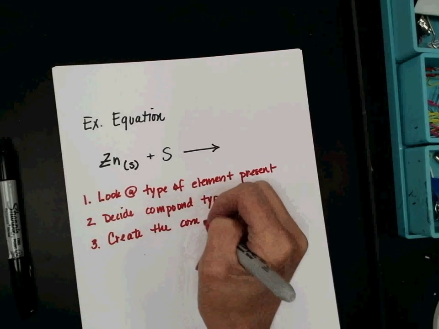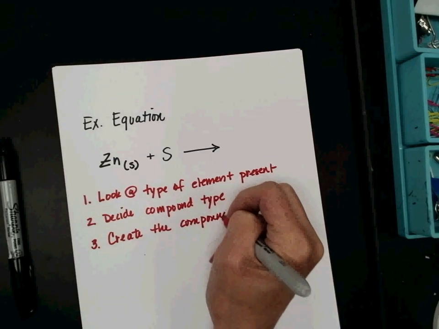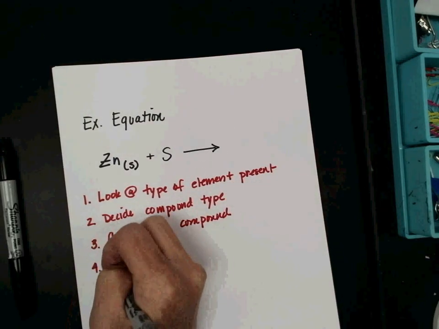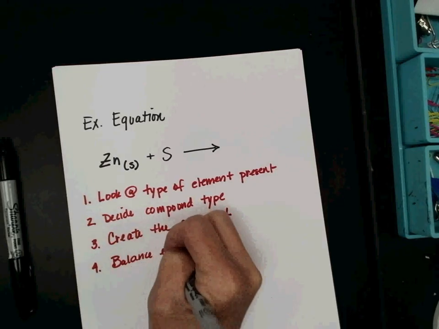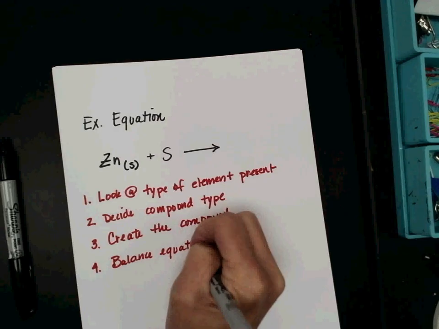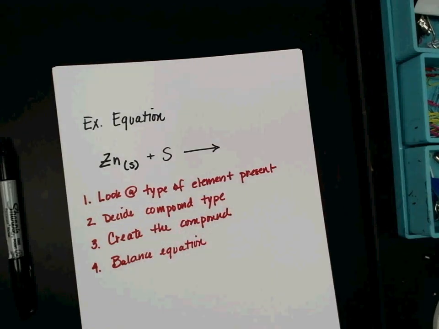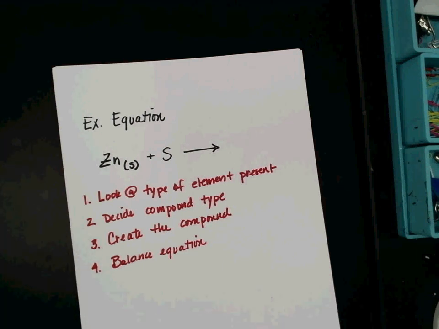You're going to create the compound. And then the last thing you'll do is balance the equation. So no matter which type of reaction it is, you have to do the same things.